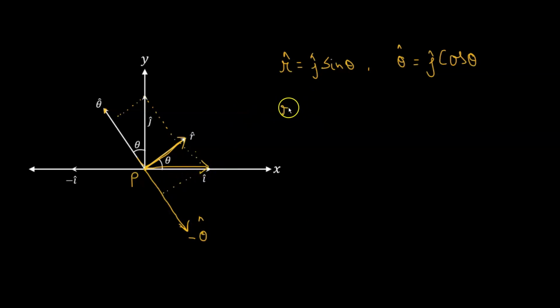So for this system, r cap will be equal to i cap times, so here we have an angle theta made with r cap, so that will be cosine theta. That is how we resolve vectors into their individual components. And for negative theta cap, we are asking how much of i cap is present along negative theta cap.